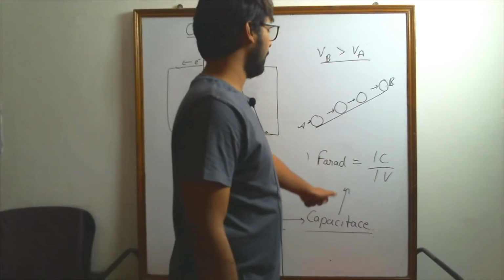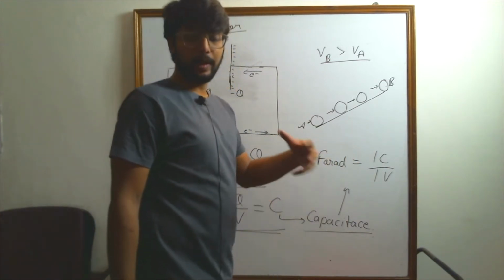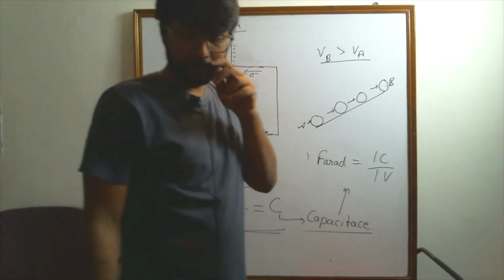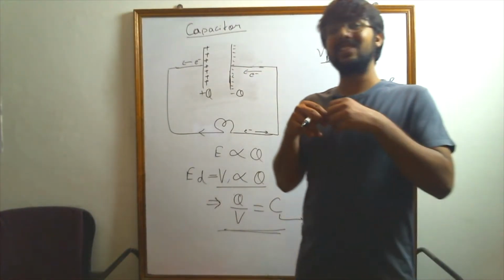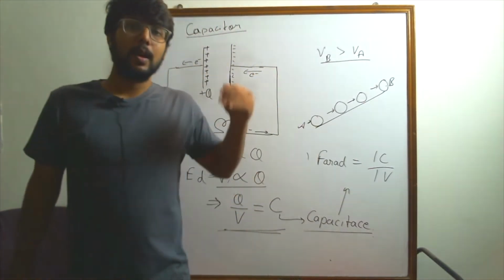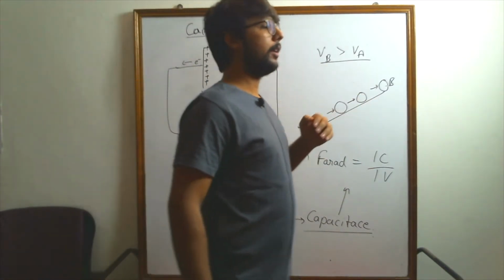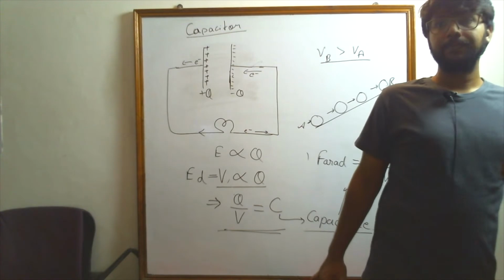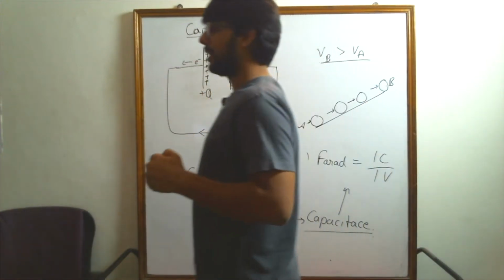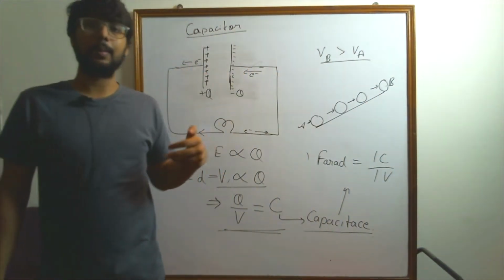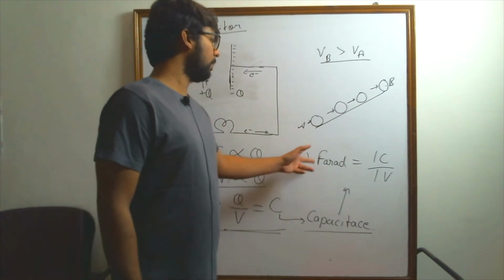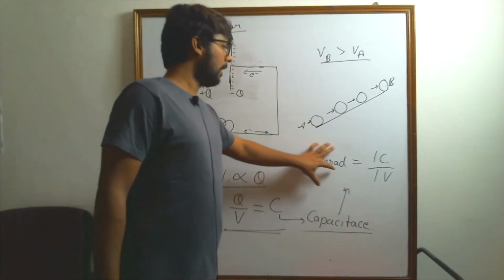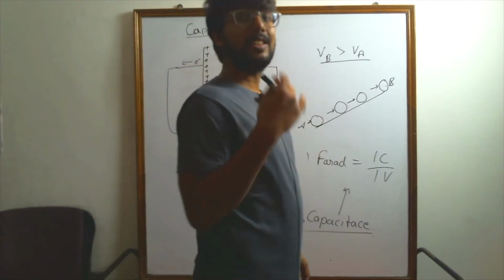But 1 farad is quite a huge number, so we use smaller units of farad, like microfarad and nanofarad, which are 10 to the power minus 6, 10 to the power minus 9, and so on, according to the requirement that we have. That is how we use farad, because farad as a unit is huge.